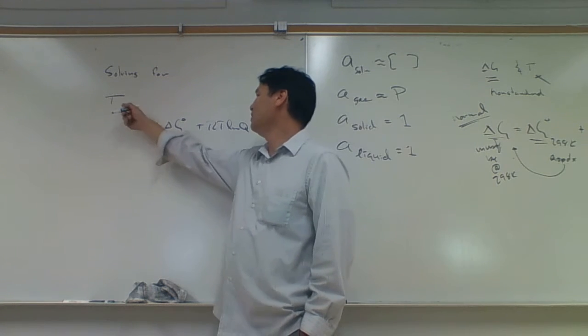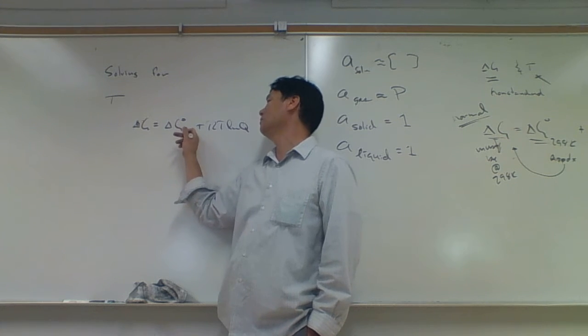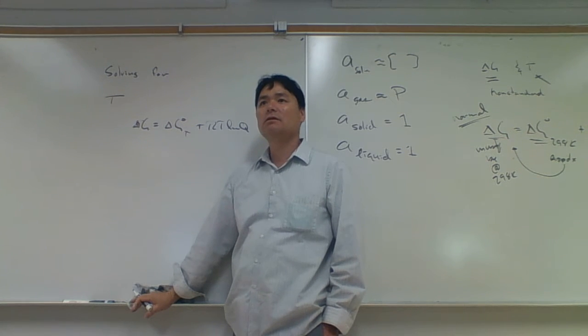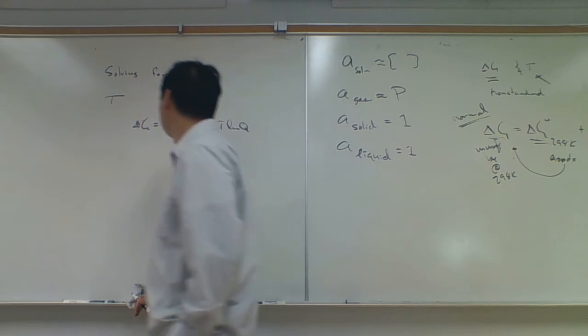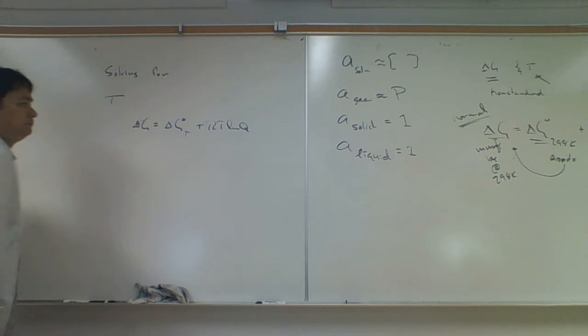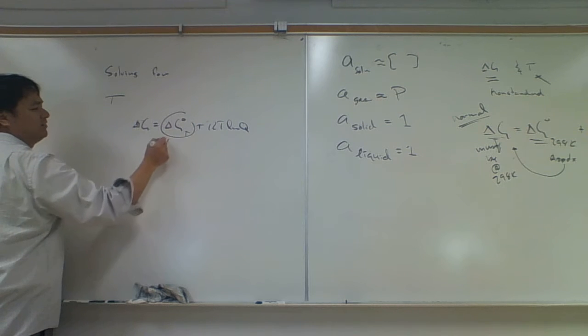But if I don't know what the temperature is, how can I solve for my delta G naught when I don't know what the temperature is? Is there a way to do it? And so, in a typical calculation, how do we solve for this?